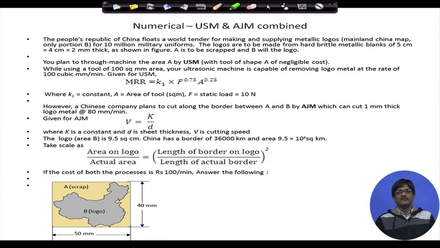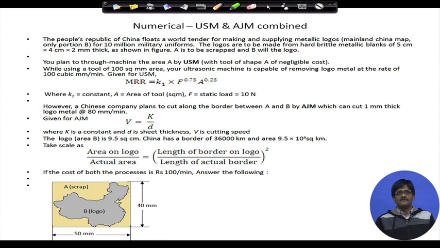These are actual data about China as you see on the internet. And take the scale as area on logo by actual area is equal to the square of length of border on logo by length of actual border.